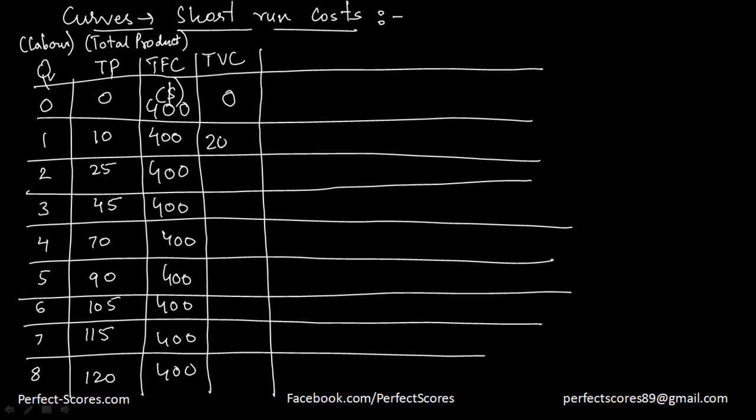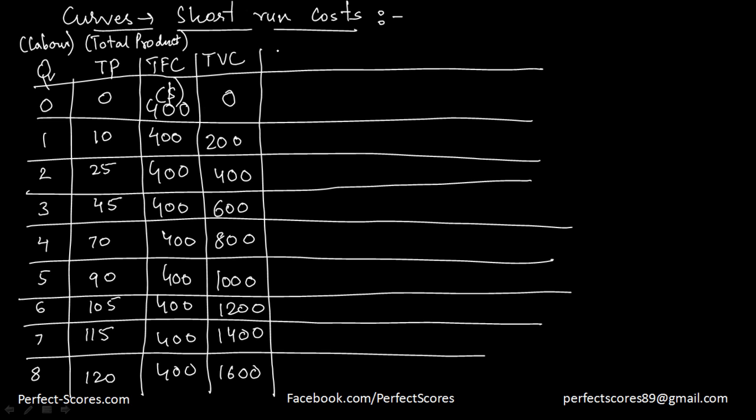Let's suppose this is 100, this is 200, and it's going to be proportional to the quantity of labor employed, so I'm going to increase it by 200 every single time. These are just assumed numbers, but you have to make sure that total variable cost increases as the quantity of variable factor increases, fixed cost remains the same and total product increases.